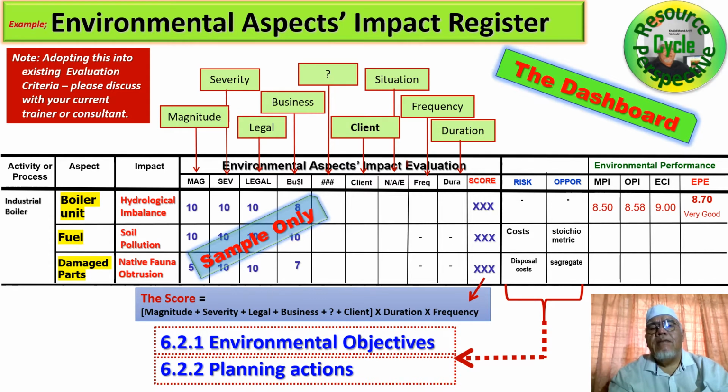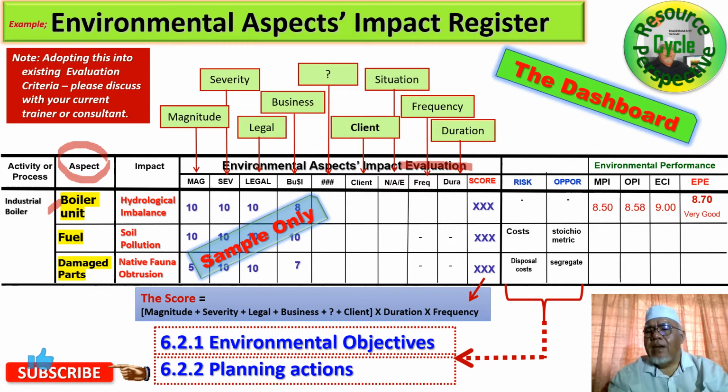This is the evaluation. Before we are able to do evaluation, we have all our environmental aspects listed here. For example, boiler unit is an environmental aspect. Why? You should be able to explain it by now if you have followed the input-output analysis.